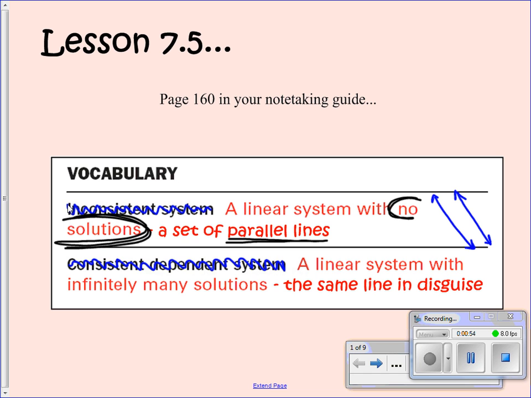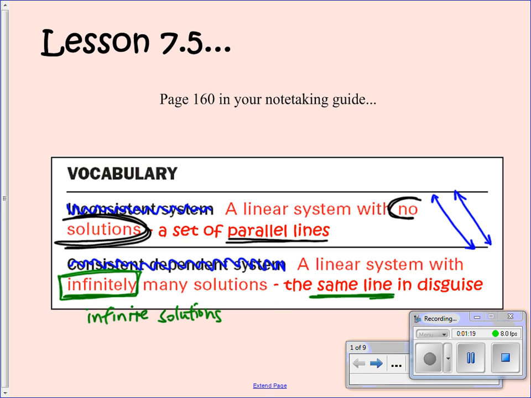Now, kind of the opposite of that is a linear system with infinite solutions, and you can say infinitely many solutions or just infinite solutions. Infinite, not infinitely, infinite solutions. You can say infinite solutions if it's actually the exact same line.